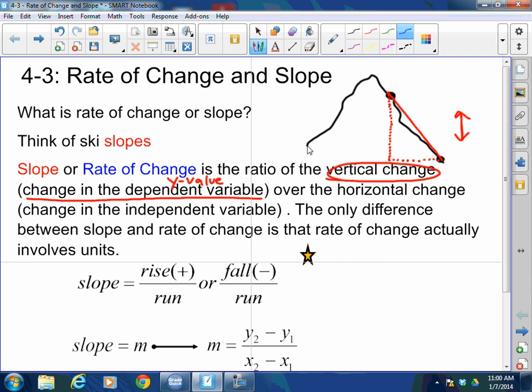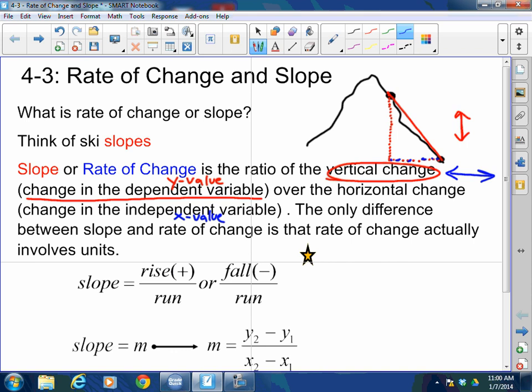The horizontal change is this guy right here. Horizontal goes left and right. And it's the change in the independent or x values or variables. So slope or rate of change is the change in y over the change in x.